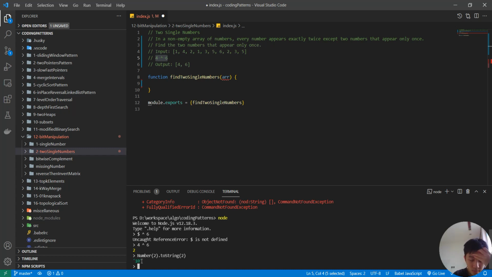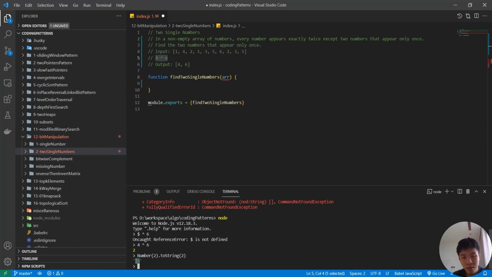We can conclude that the first bit from the right, which is 0, means that 4 and 6 have their first bits the same, because only different bits will produce 1.